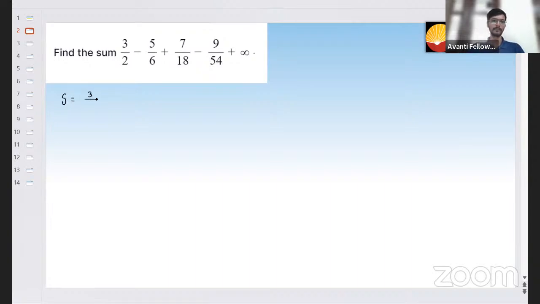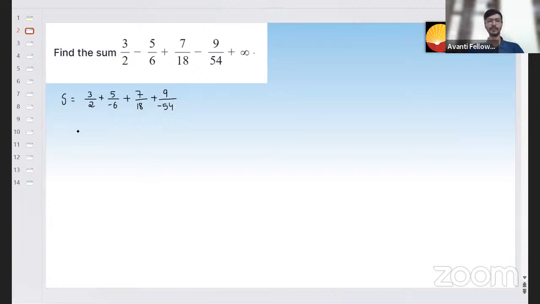I can write it as 3 by 2 plus 5 upon minus 6 plus 7 upon 18 plus 9 upon minus 54.